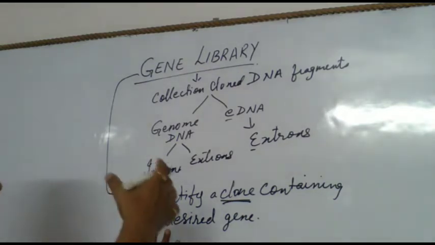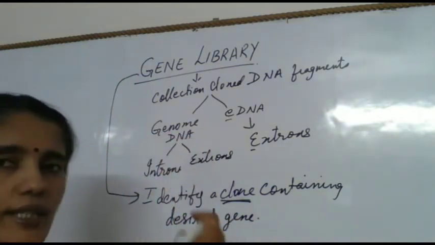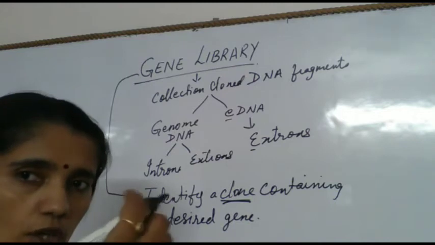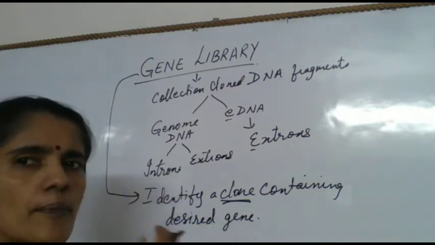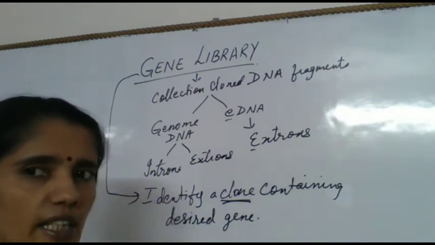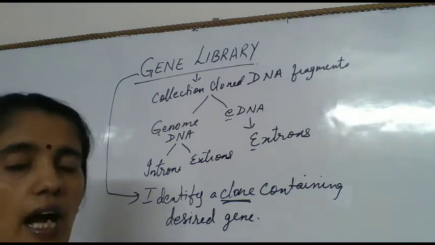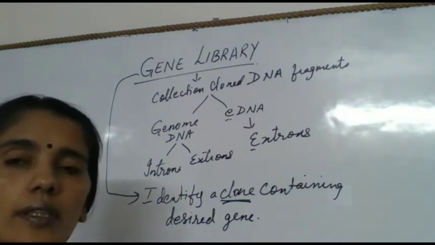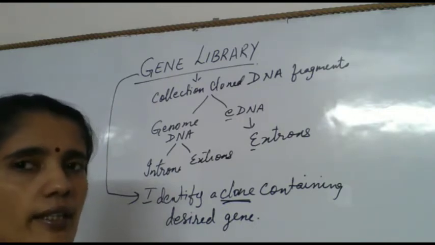Now, let us discuss cloning: how it is done, what the different tools or steps included in this are. There is very little difference from what we have done in genetic engineering. After that we are going to do recombinant DNA technology, and it is very important.